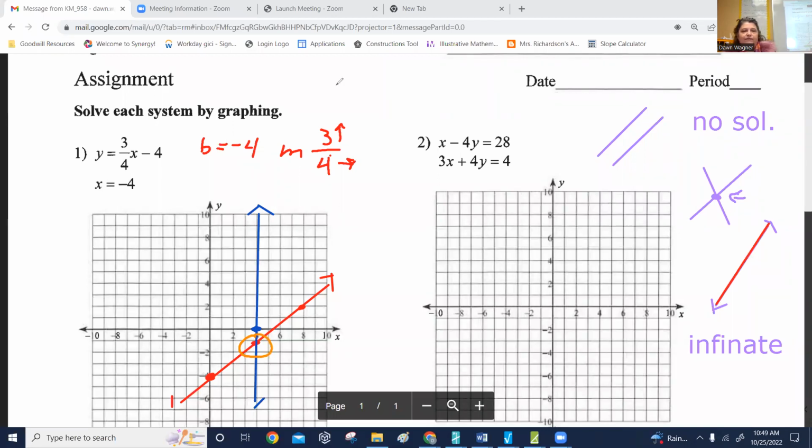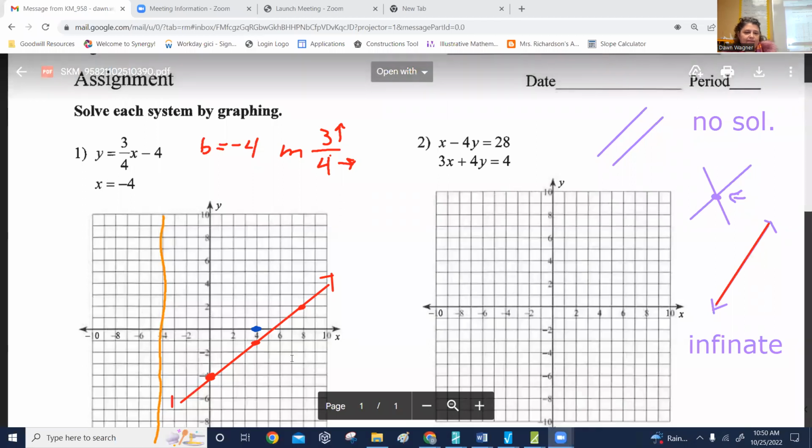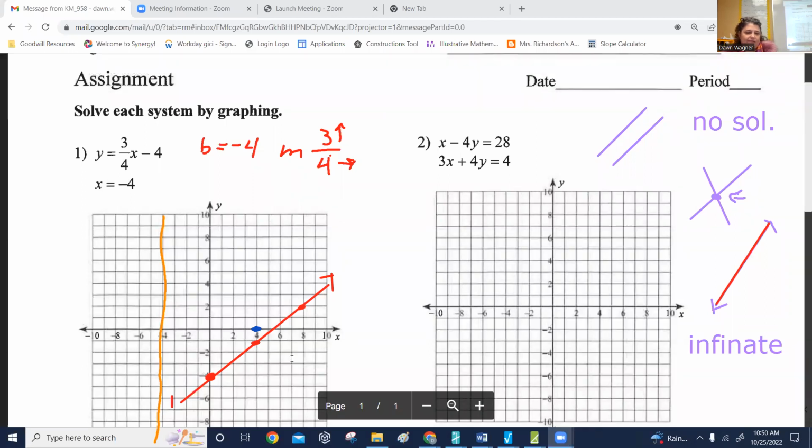It is a -4. I made a mistake. No, it will cross. You just have to make your line longer. But it should cross at, then it'll be -4 here. Let me move this so that way I can actually see it over here. I have to move this thing out of the way.